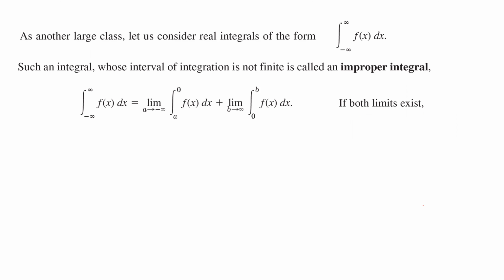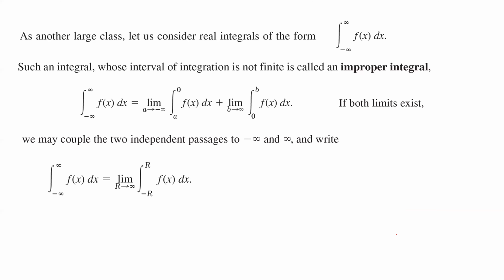If both limits exist, we say that this integral exists, and it will be the same as the sum of these two limits. We may couple the two independent passages to -infinity and +infinity. So say that you get a and b, we can say like b to -b, or -a to a, or -r to r.